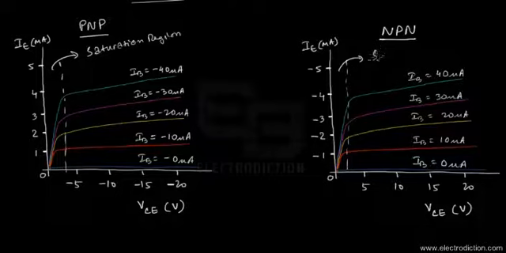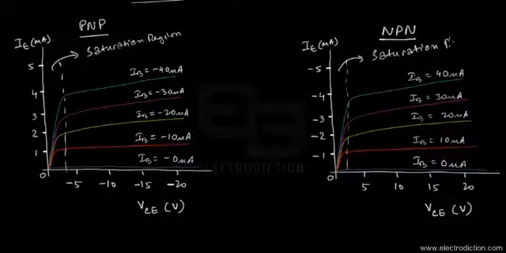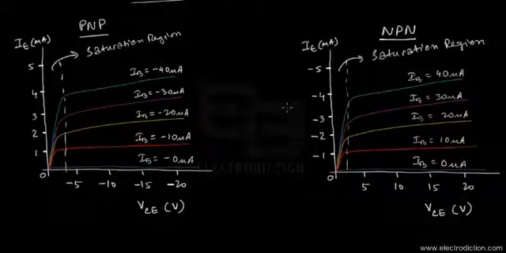In this saturation region, as you learned in the case of the common emitter configuration, both the collector and the emitter junctions are forward biased.